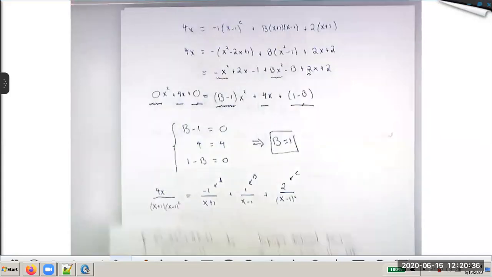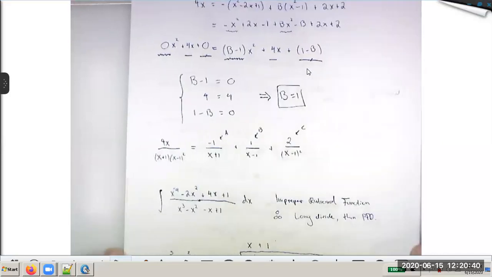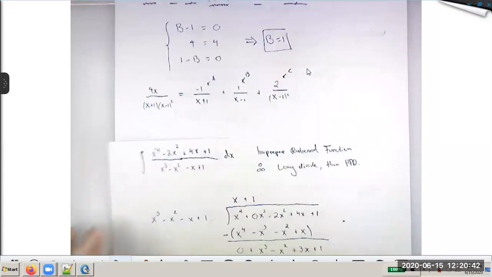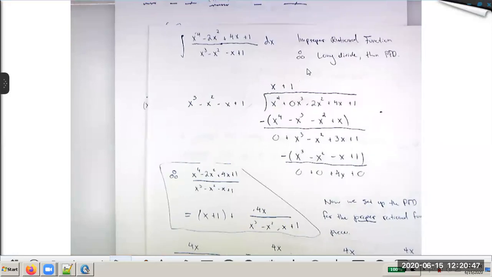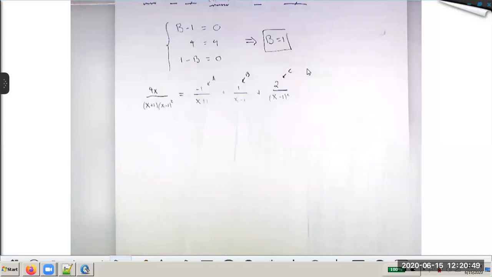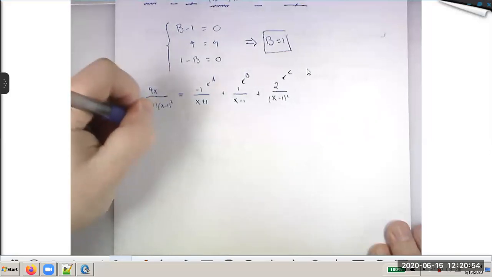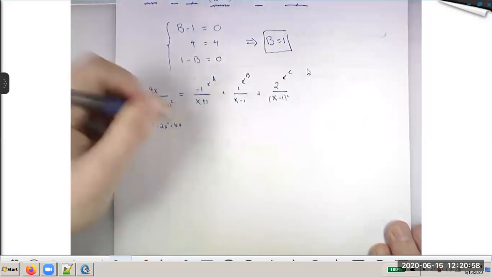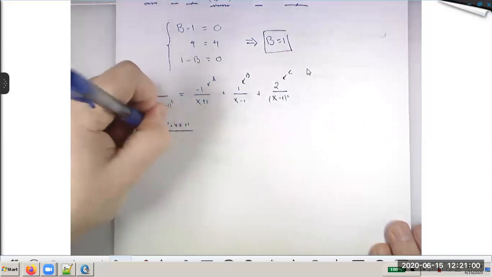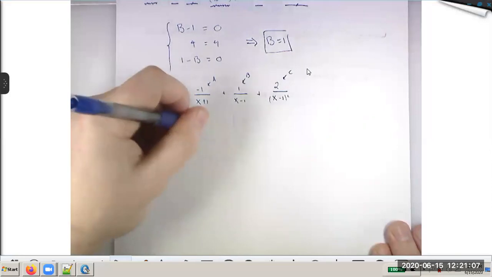So my integral was this thing. And we said that that function is really equal to this function. So let me recap. What do we have all together? We have my integral x to the 4 minus 2x squared plus 4x plus 1 over x cubed minus x squared minus x plus 1 dx.